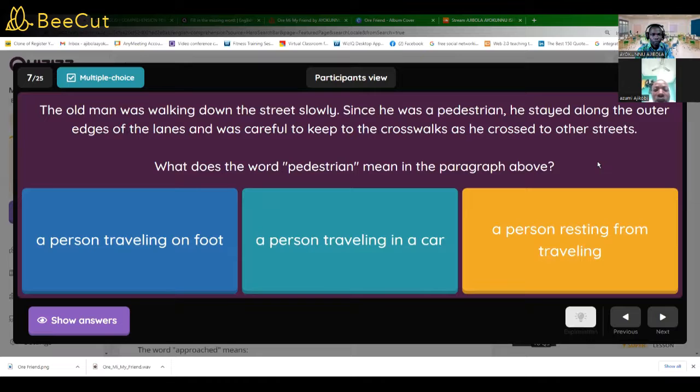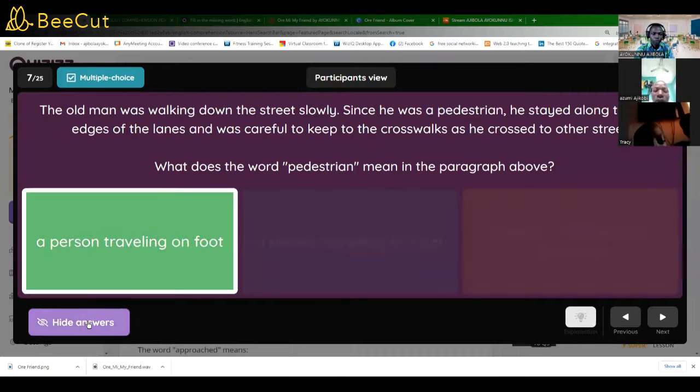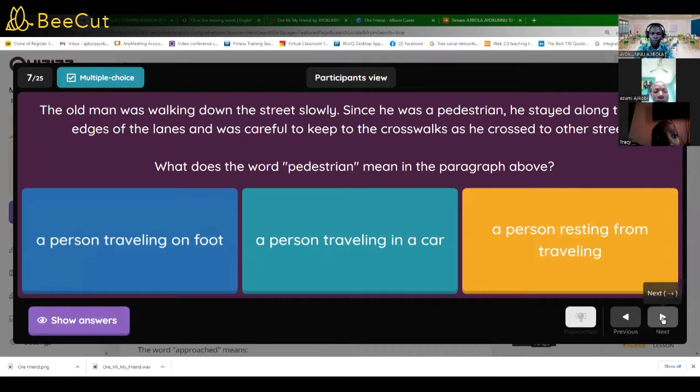What does the word pedestrian mean in the paragraph above? Yes, what's your answer? A person traveling on foot. That is correct. A person traveling on foot, that's the meaning of the word pedestrian.